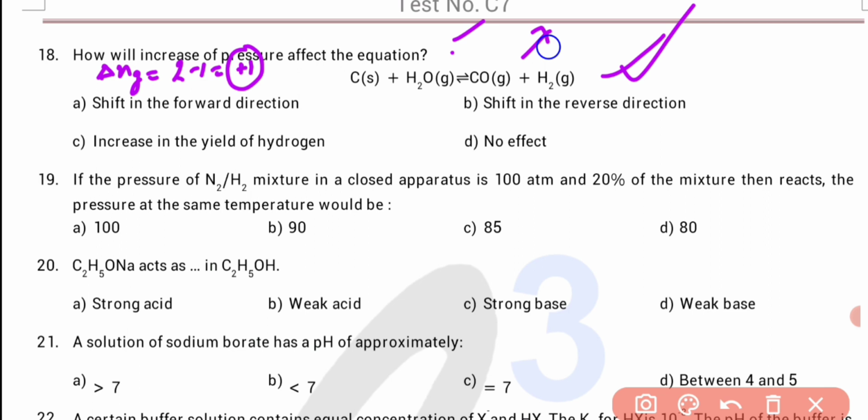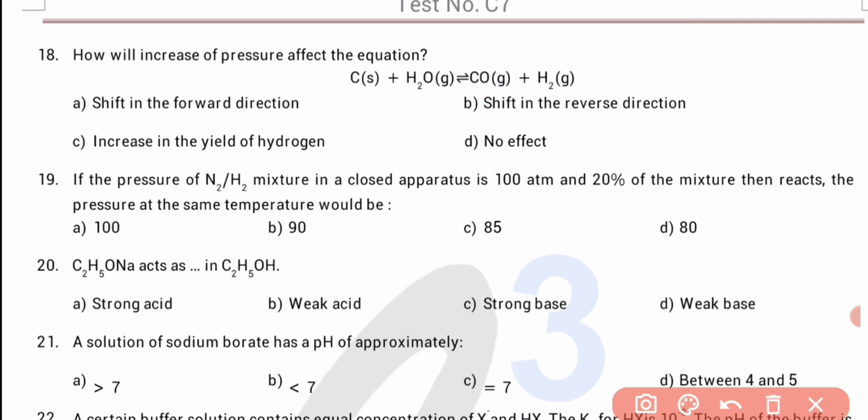When the increase in concentration on the product side is more than the increase on the reactant side, according to Le Chatelier's principle, the reaction will move backwards. So the correct option has to be B. Yes, B is the correct option, shift in the reverse direction.